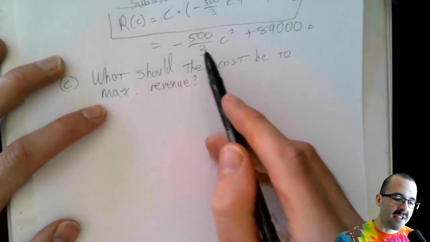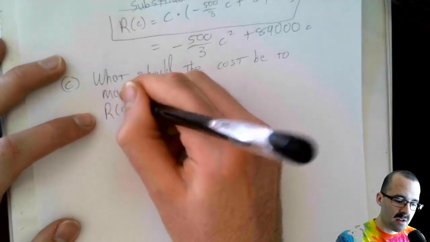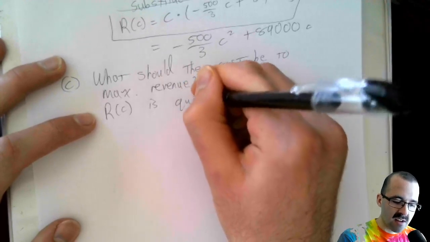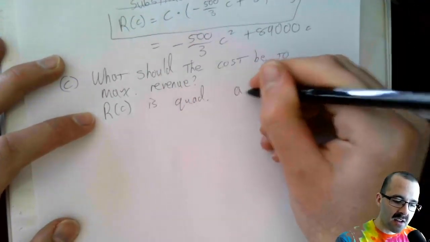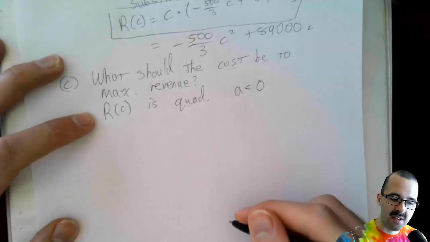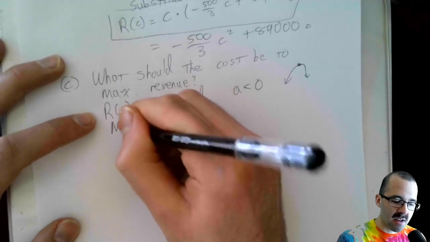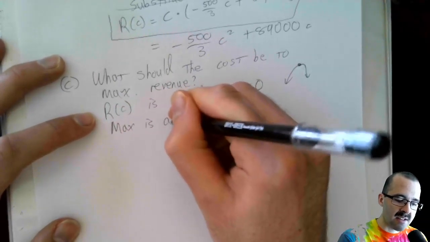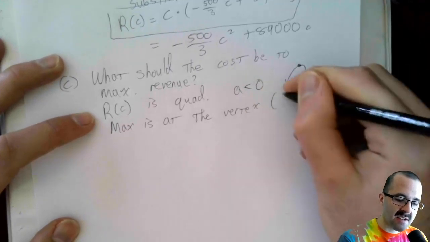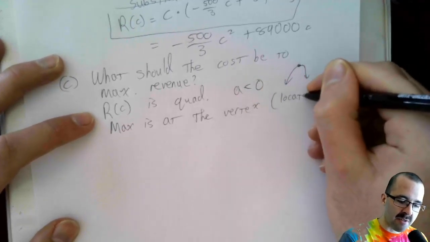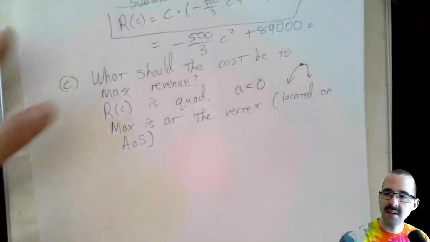So again, right, this is a quadratic function with a is negative. So it opens downwards. The maximum is at the vertex. Just like before, we need to find the vertex. And remember, the vertex, just like before, is on the axis of symmetry.